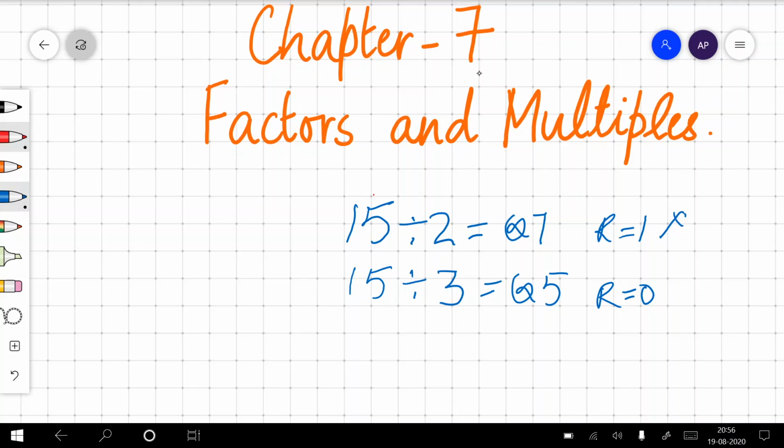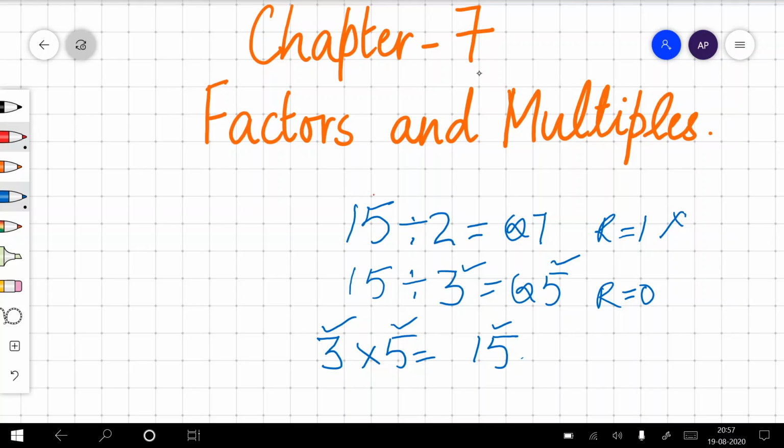So it means 3 and 5 are the factors of number 15. We can write it this way: 3 into 5 is equal to 15. It means 3 is a factor of 15 and 5 is also a factor of 15.